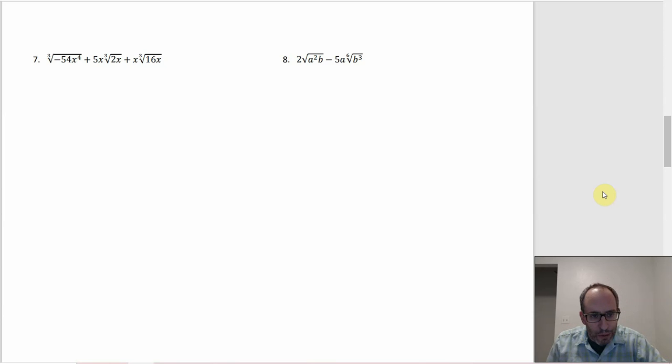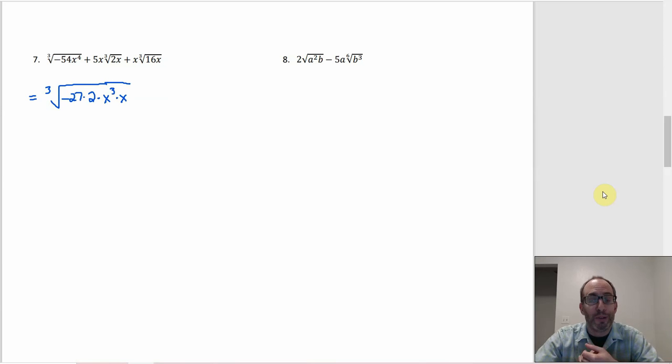So I think that's what we're going to want to do with that one, and say that that'll be the cube root of -27 times 2. And then with the x to the 4th, you can also write that as a product where one of the factors is a cube, because you could write it as x cubed times x, right? Because 4 is larger than 3, so you can write x to the 4th as a product where one of the factors is x raised to a multiple of 3. It's just that multiple of 3 is 3 itself, right?